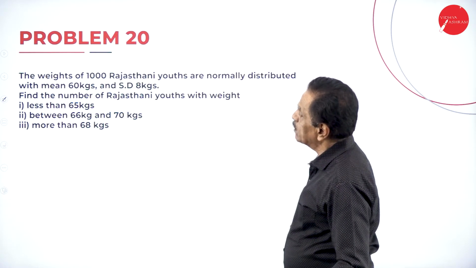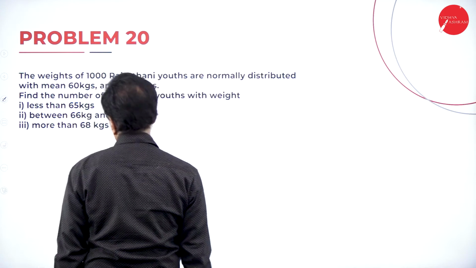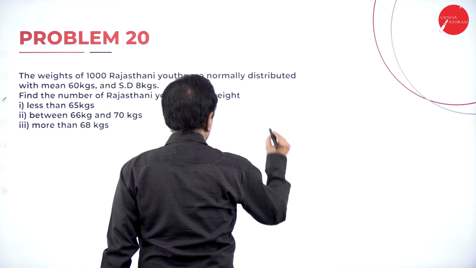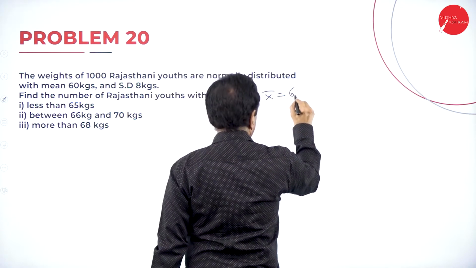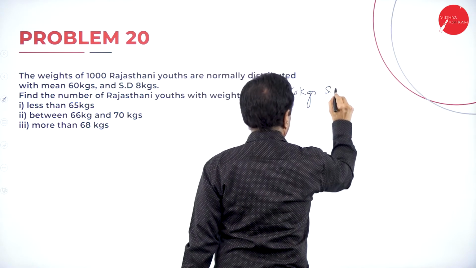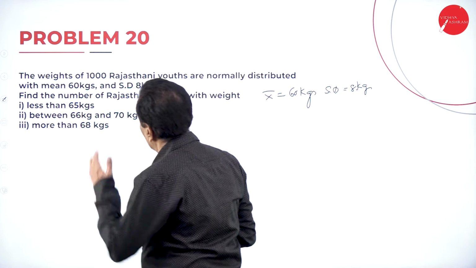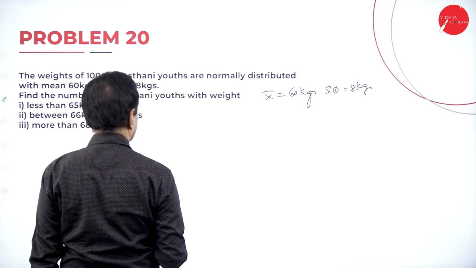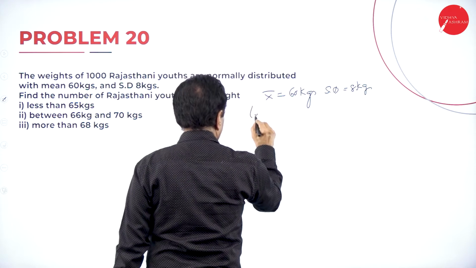The weight of 1000 Rajasthani ewes is normally distributed with mean equal to 60 kgs and standard deviation 8 kgs. Find the number of Rajasthani ewes weighing less than 65 kgs.